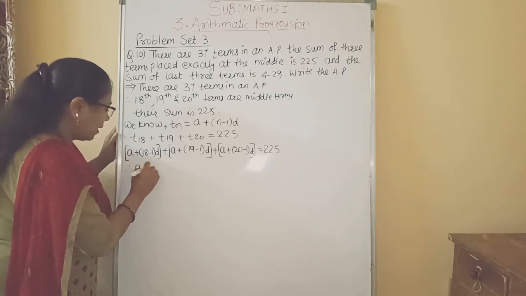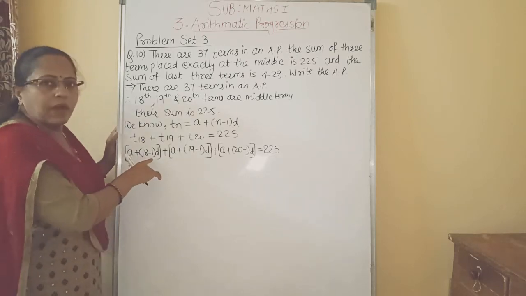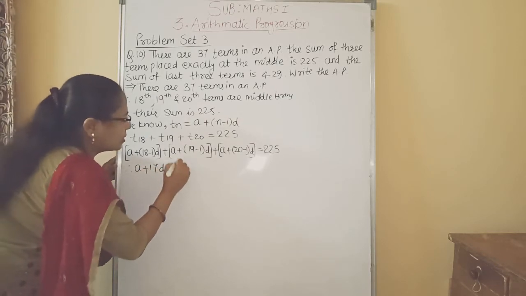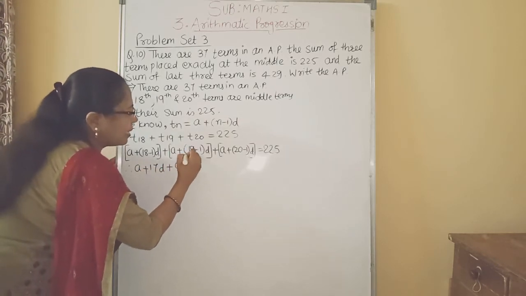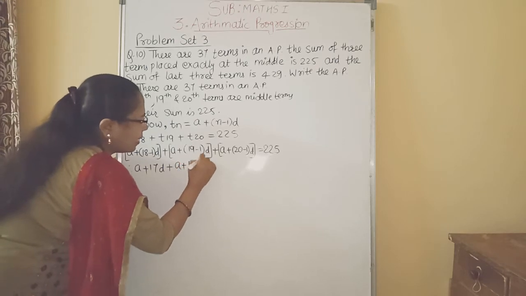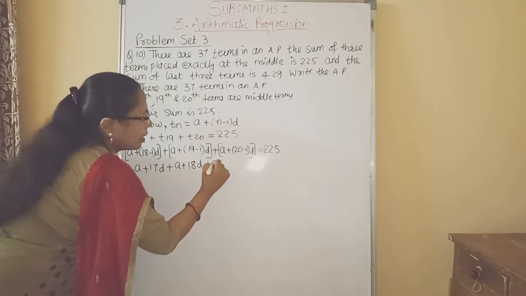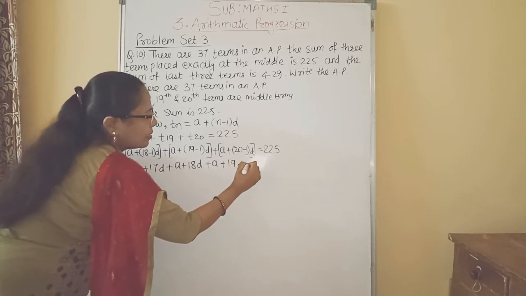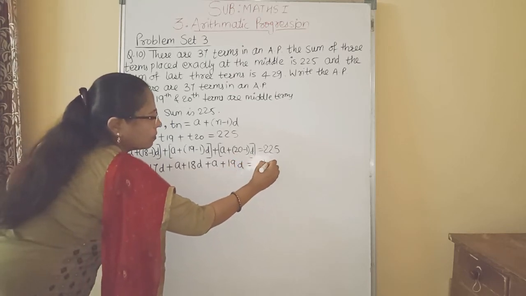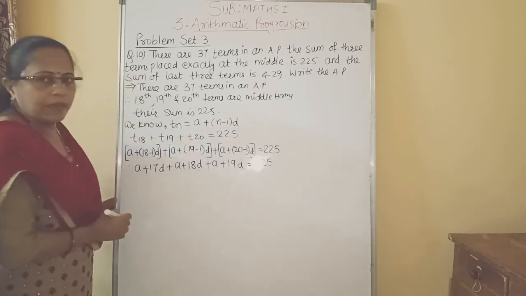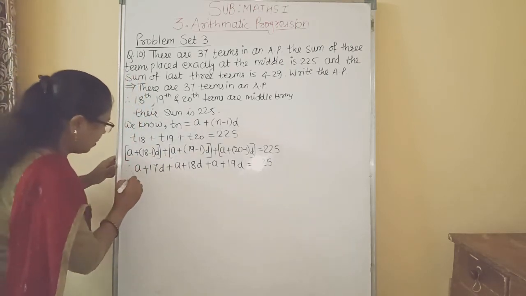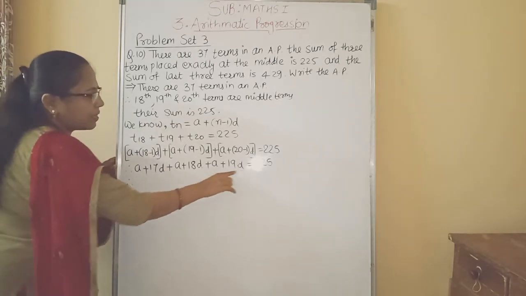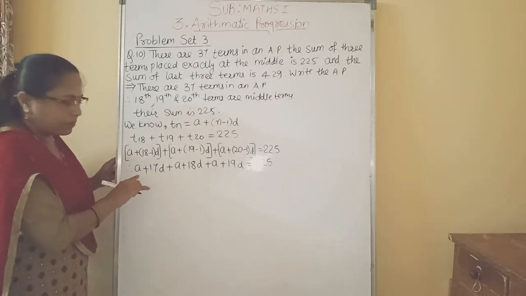Now we will solve this bracket. Therefore, A plus 18 minus 1, 17D, plus A plus 19 minus 1, 18D, plus A plus 20 minus 1, 19D is equal to 225. Okay. Now algebraic expression we have to add like terms.